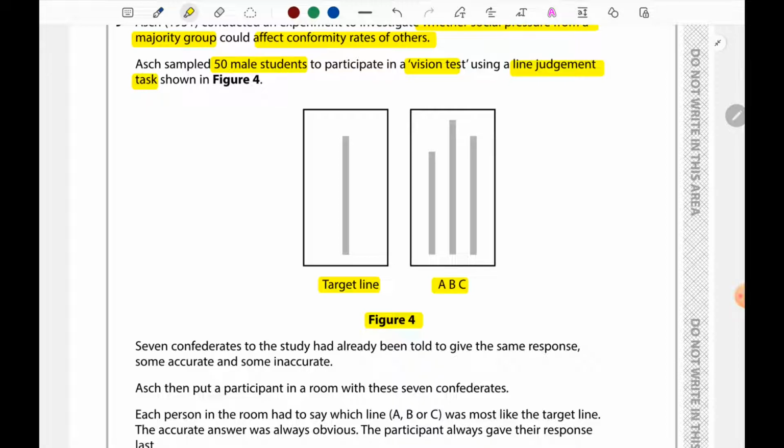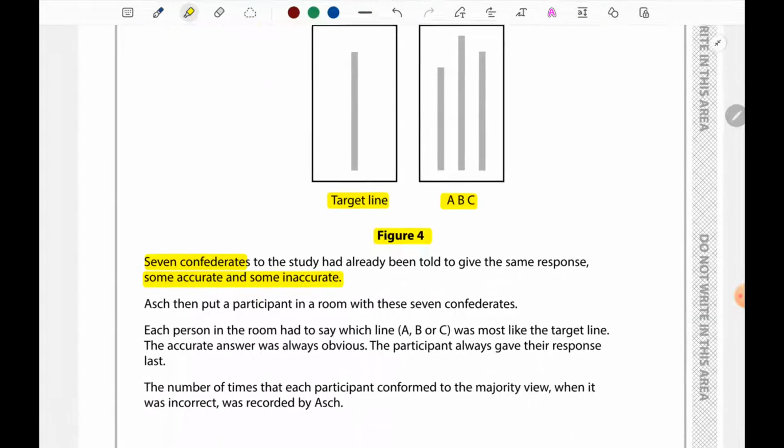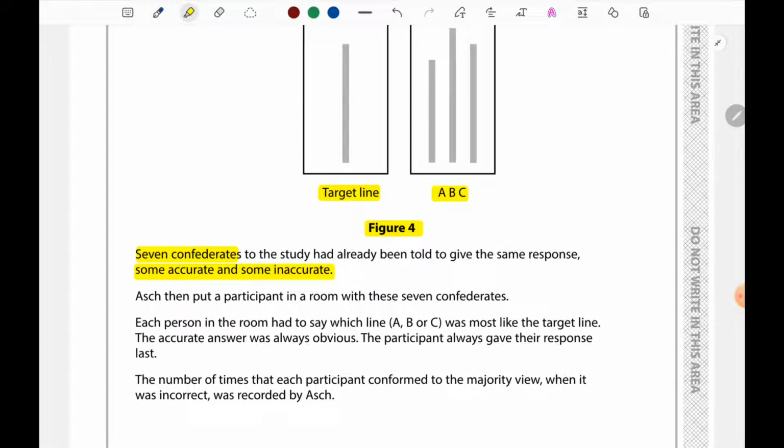Okay, 7 confederates to the study had already been told to give the same response, some accurate and some inaccurate. Ash then put a participant in a room with these 7 confederates. Each person in the room had to say which line, A, B, or C, was most like the target line. The accurate answer was always obvious.